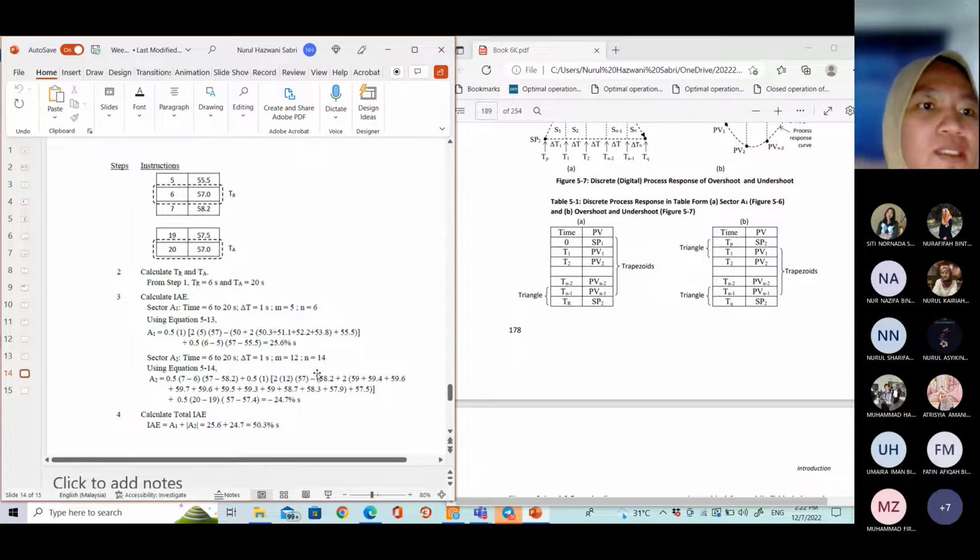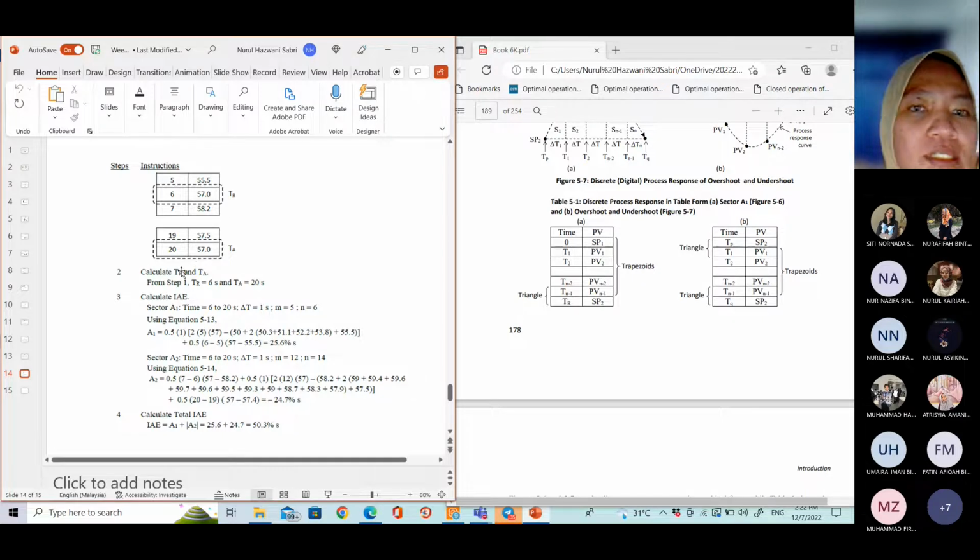So now step number one, you identify first what I showed earlier, which is at 6 seconds you reach the set point, and also at 20 seconds you reach the set point, and then you can differentiate where is area 1 and where is area 2.